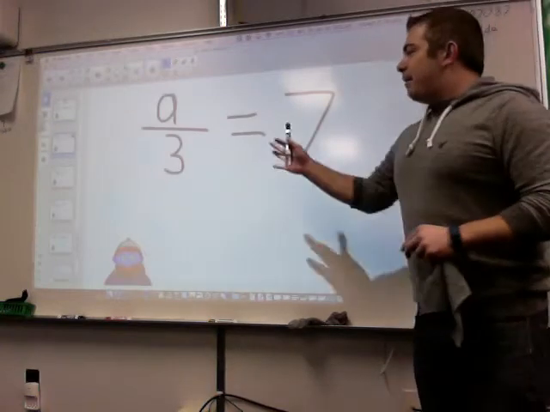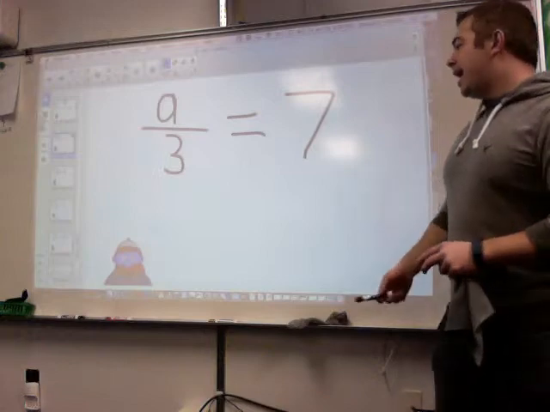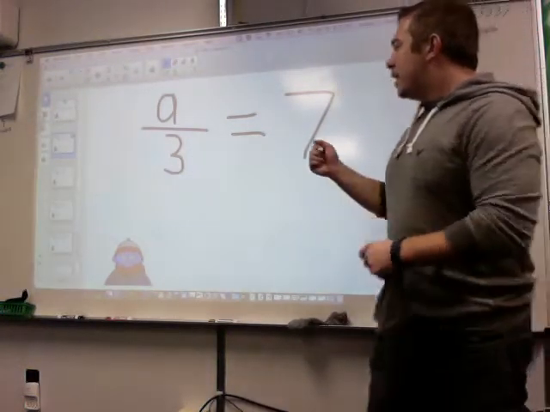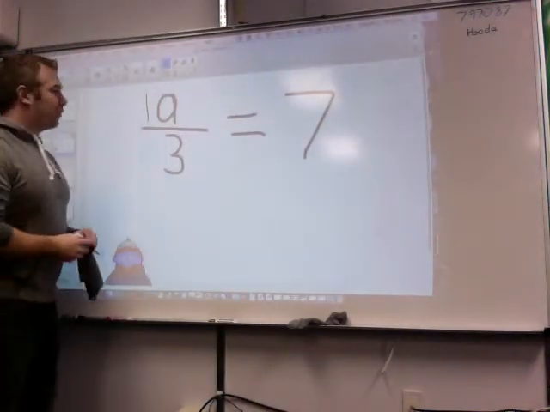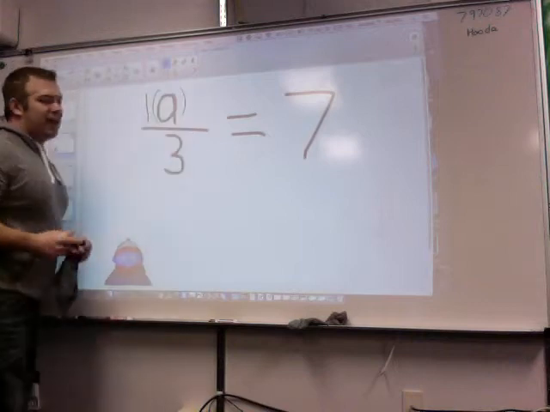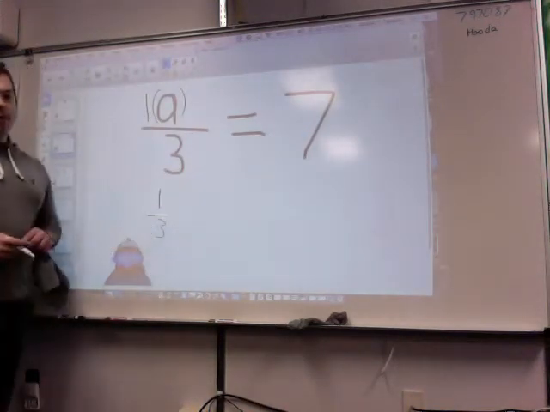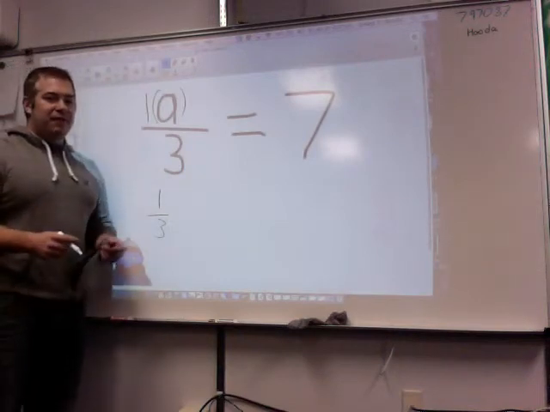Alright, right here we have a over 3 equals 7. So we have to get rid of this 3 on the bottom. Now this is true that this is 1/3 a. So how do I get rid of 1/3? Well, what I would do is multiply by the inverse.